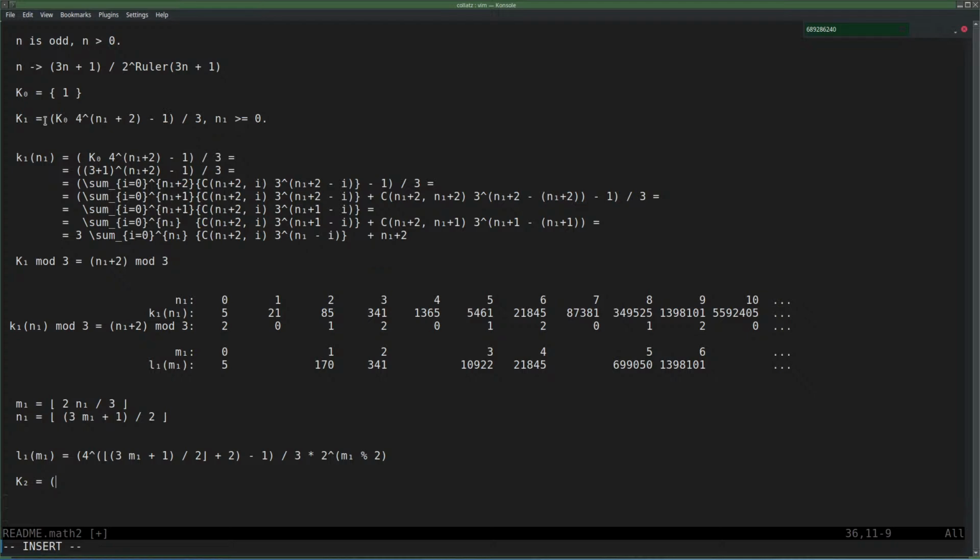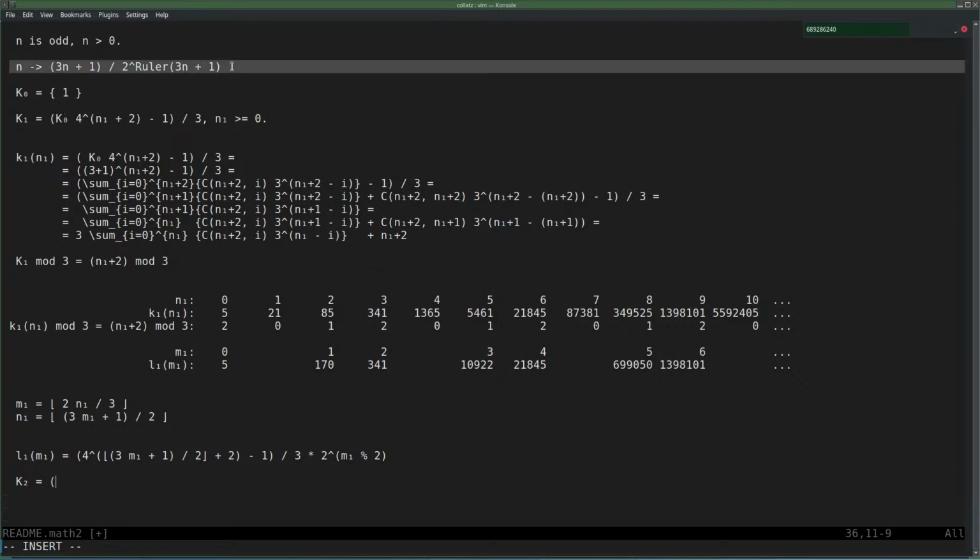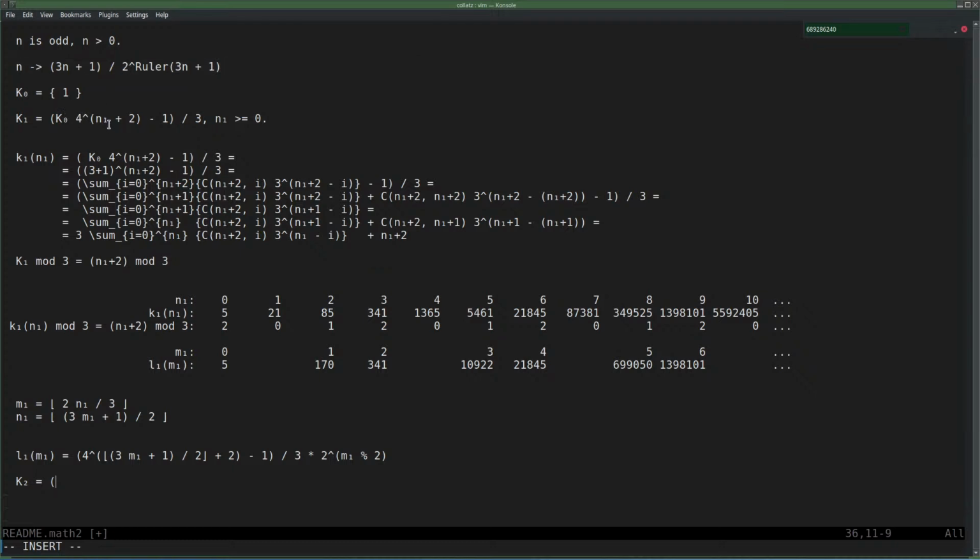And that should be the exact same formula as here. This is the formula that leads, if you apply the Collatz rule here, and that goes to 1 in 1 step, or to K0 in 1 step rather. So we can just write this as K1 times 4 to the power n2, so another enumeration, a new enumeration thing.